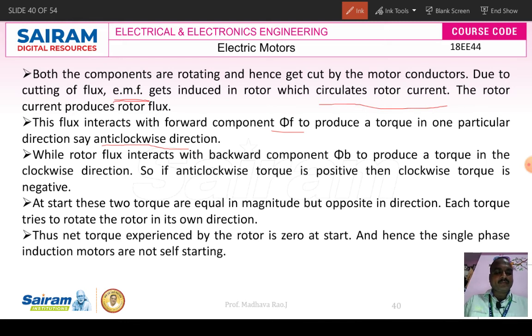Similarly, we have one more flux, called the backward flux. The backward component phi b produces torque in the clockwise direction. So we have anti-clockwise direction torque and clockwise direction torque. If we consider the anti-clockwise torque as positive, the clockwise torque will be in the negative direction.